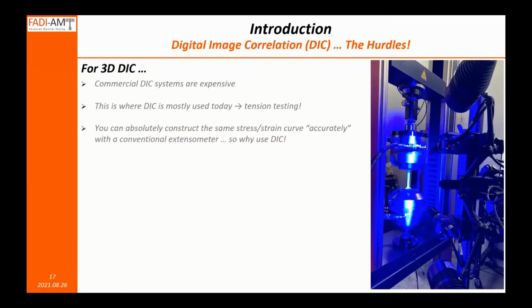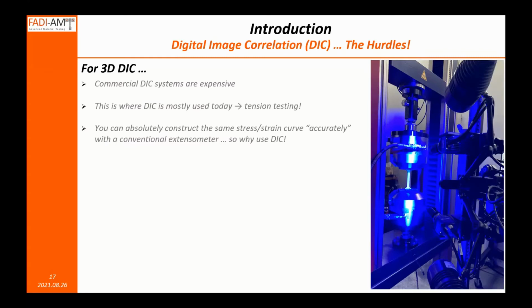Generally speaking, they're considered expensive, especially for R&D centers, research, academia, and so on. And the second problem is the fact that even those 3D DIC systems are sometimes used for very simple tests, like the tension test that you can see on the right-hand side. They're not really used extensively for much more complex applications where they should be used.